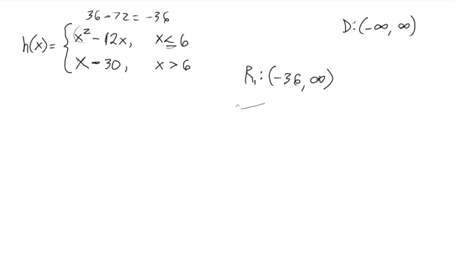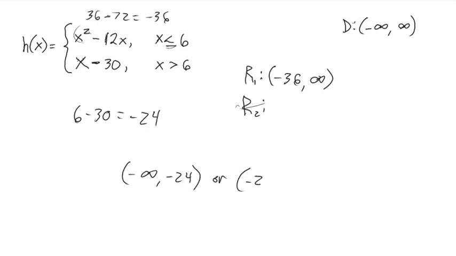We need the range of piece 2, okay? And so that's going to be the range of x minus 30. We're going to plug in 6. 6 minus 30 is equal to negative 24. And therefore, the range is either negative infinity up to negative 24, or it's going to be negative 24 up to infinity.